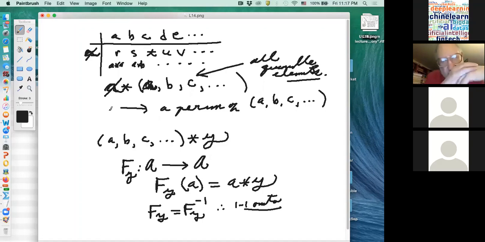Now, I didn't think about the row. How do I know that the row is going to be a permutation? So I'm looking at A times Y. Sorry, I'm going to leave that as something to think about because I don't immediately see what is probably an obvious argument that will tell me that the rows are permuted as well as the columns.